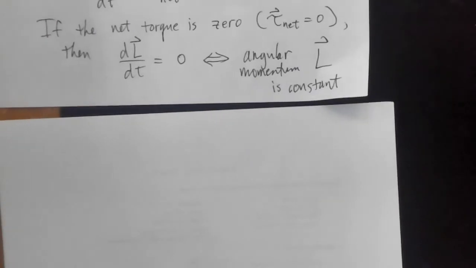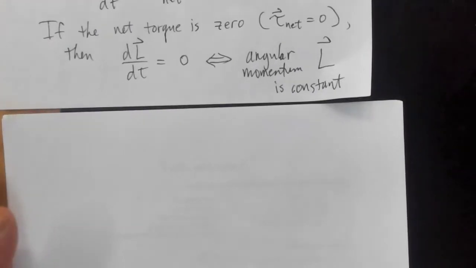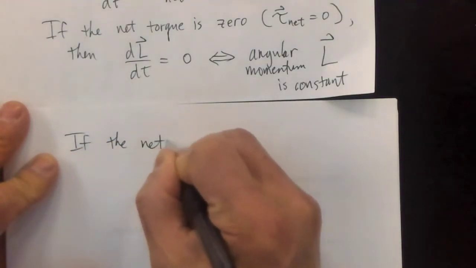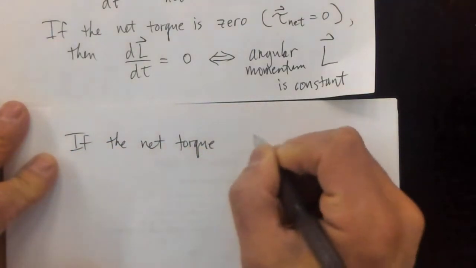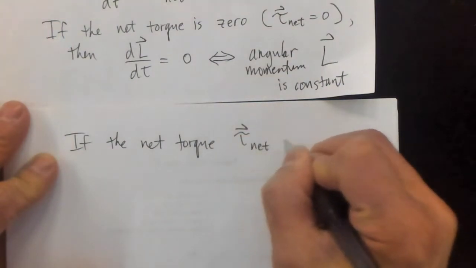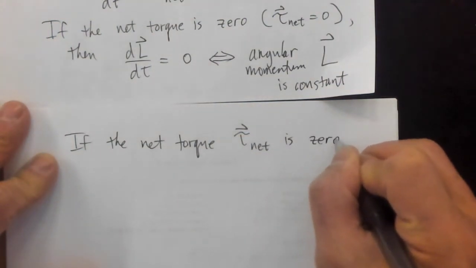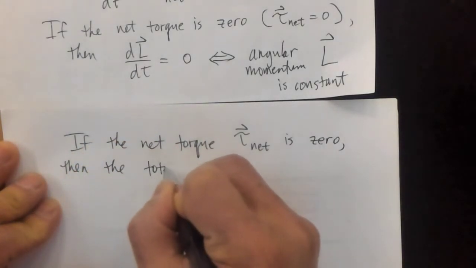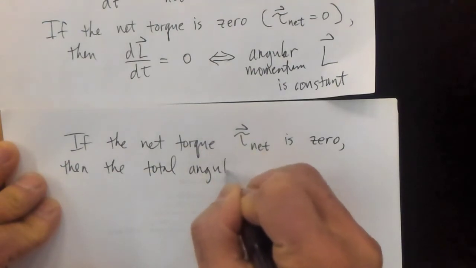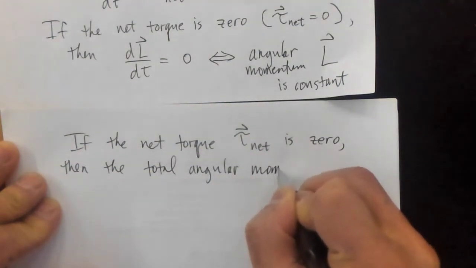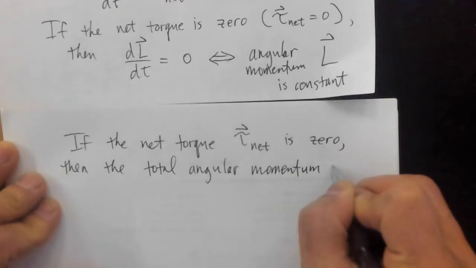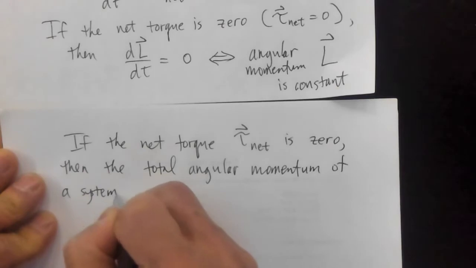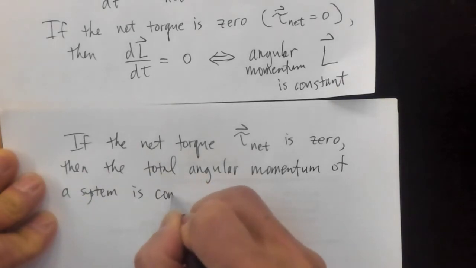That's a key concept, again, just like linear momentum conservation. So let me write this out. If the net torque tau net is 0, then the total angular momentum of the system is constant.